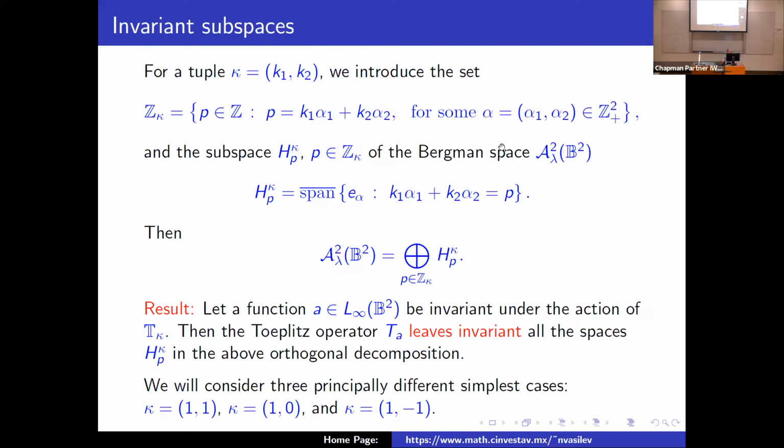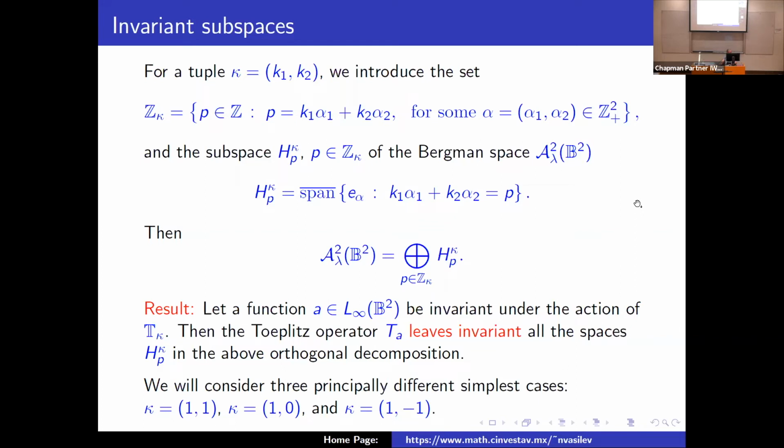Then, fixing this p, we consider the subspace of the Bergman space, which is the closed span of all basis elements alpha 1, alpha 2 such that p is the linear combination of alpha 1 and alpha 2 with k1 and k2. Then the whole Bergman space is the direct sum of all these subspaces when p runs through this set.